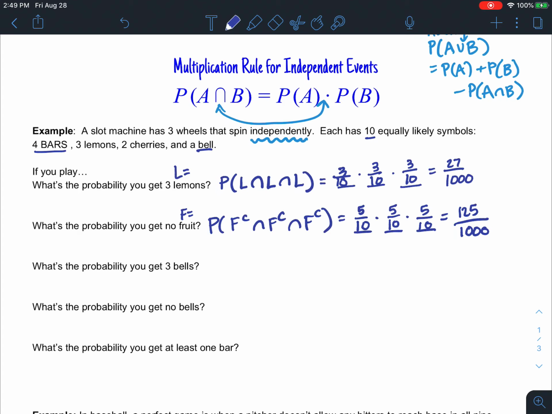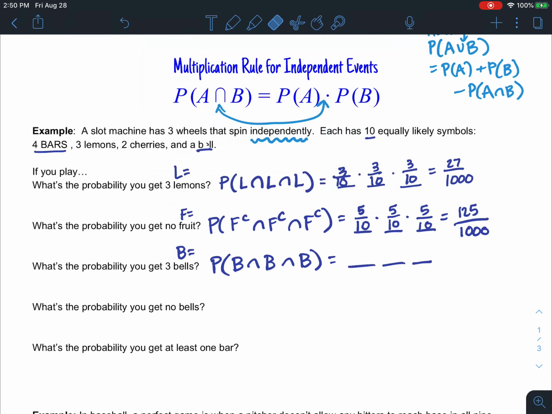Okay, next question, what's the probability you get 3 bells? So let's let B represent bells. So the probability that I get a bell and a bell and a bell.